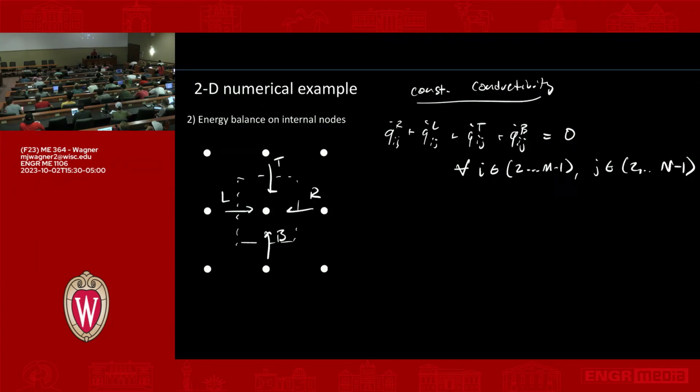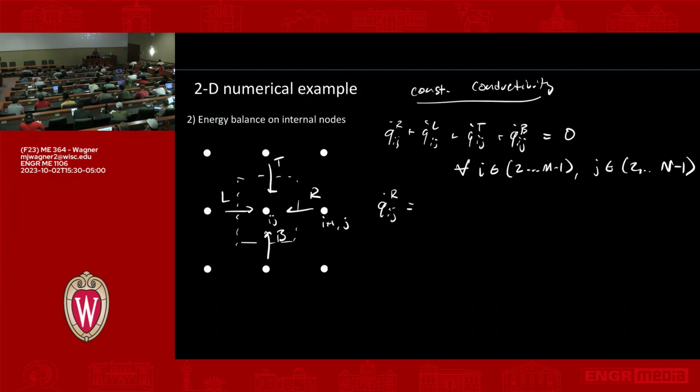This is kind of the last interesting thing. So let's see, let's start with Q dot R, ij. So what is the heat transfer from the right, from what is this node? So this one's here, it's ij, this is i plus 1 j.